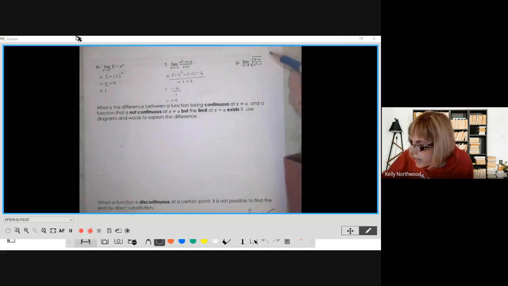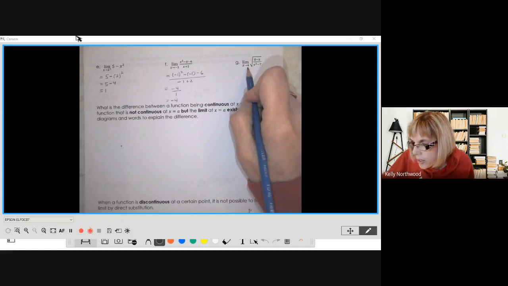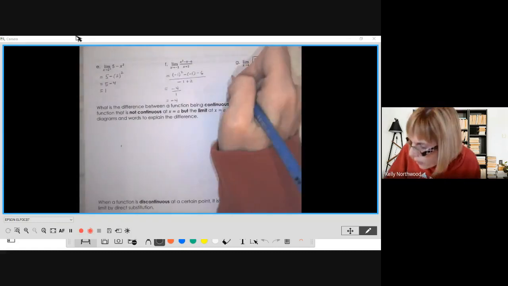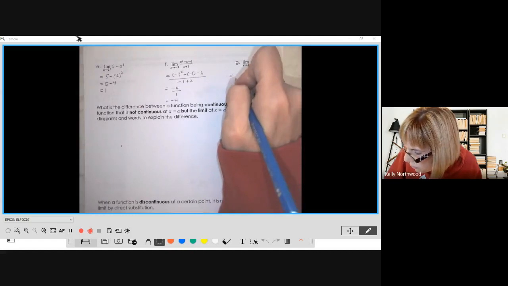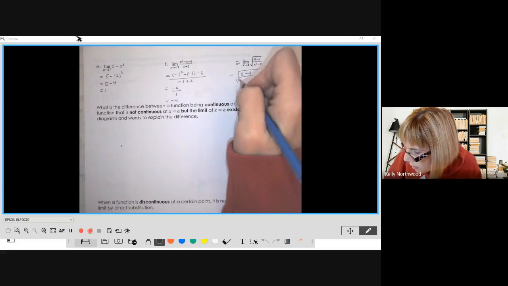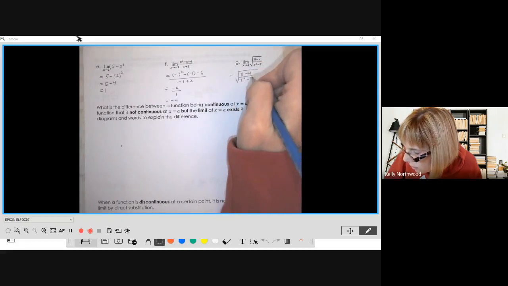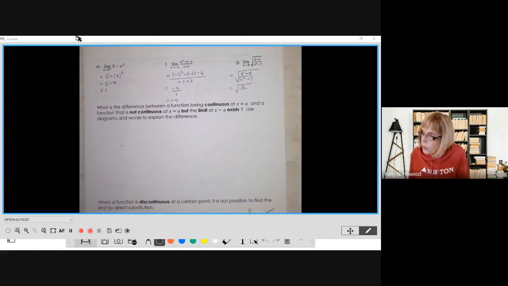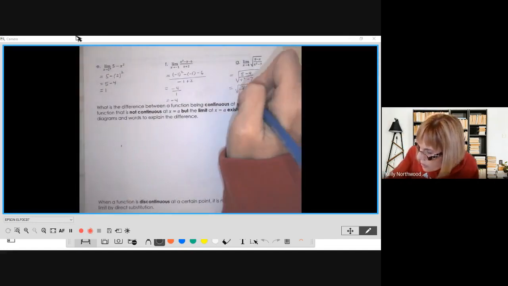And same with g, it's got a denominator, so we really want to make sure that our denominator is not going to become 0 as x approaches 4. And it's not, so we can go ahead and let x approach 4. So it's going to be the square root of 4 over 16 minus 7, so 9.